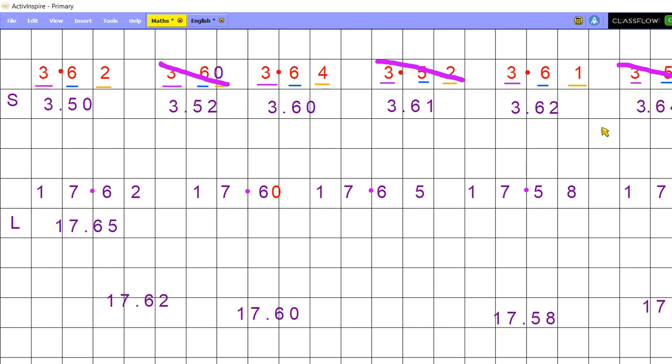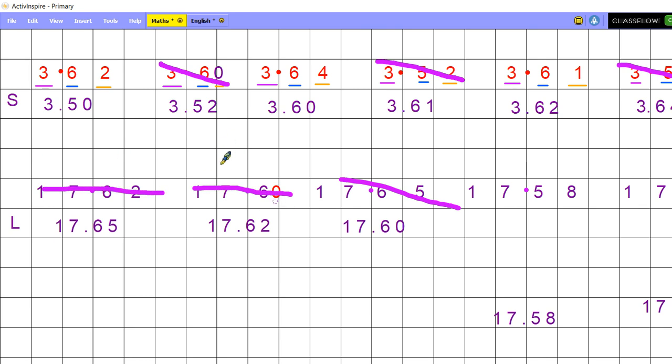Again, I'm going to cross it off from here. Then I need to look at my next one, and it's 2 or 0. We know that 2 hundredths is larger than 0 hundredths, so that's why it goes like that. I can cross both of those off. The one thing I'm going to say is, because I added the 0, I want you to take the 0 away from your answer, because that was the original number, 17.6, not 17.60.